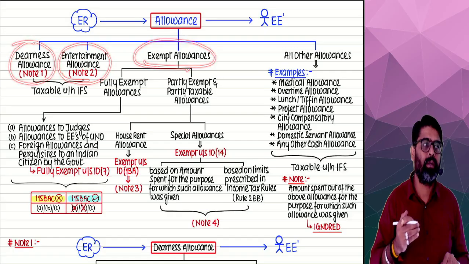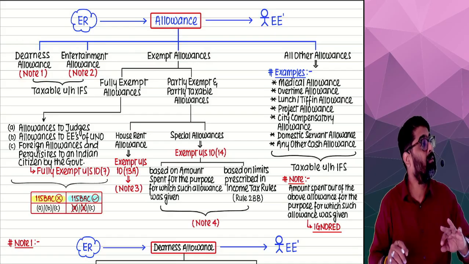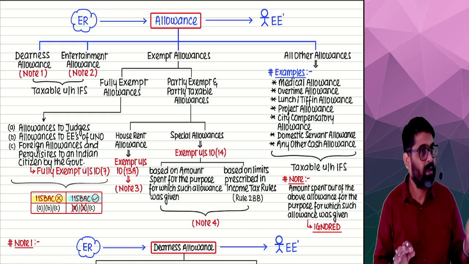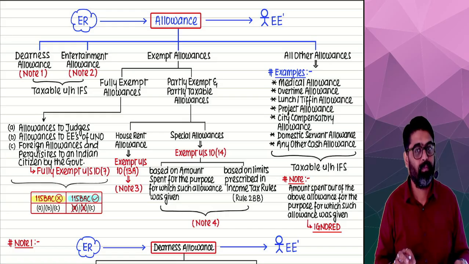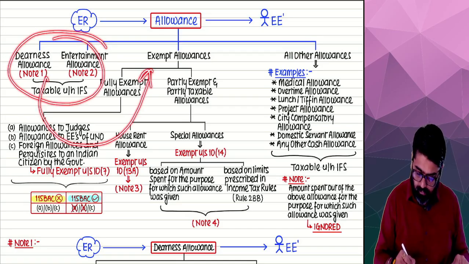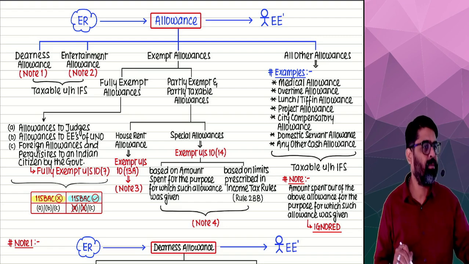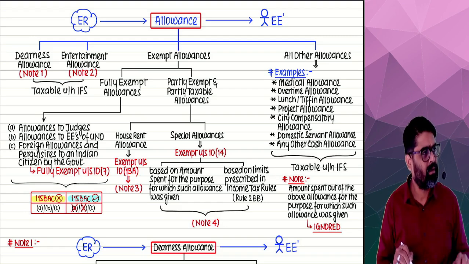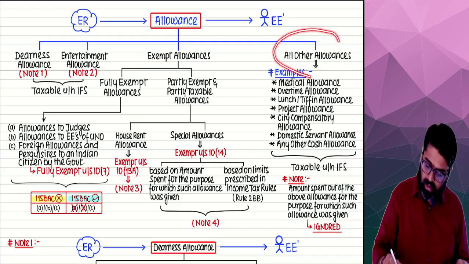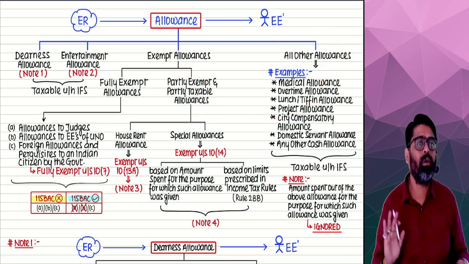I have not written dearness allowance and entertainment allowance in the exemption category; I have written them separately. It means that by default they are taxable. If they were exempt, I would definitely have included them in the exemption category. Getting my point? Since I am writing them separately, they are taxable. And what about all other allowances? Have I included them in the exemption category? No. So they are also taxable.